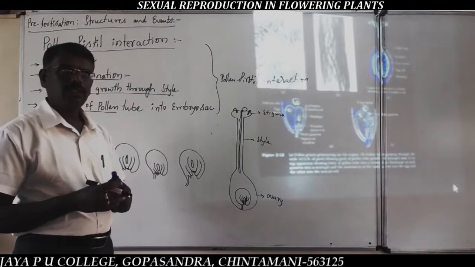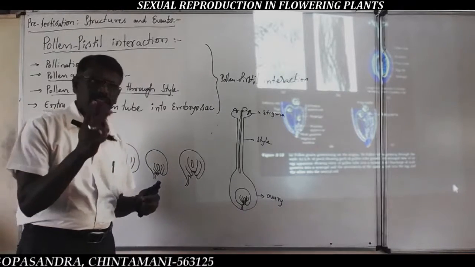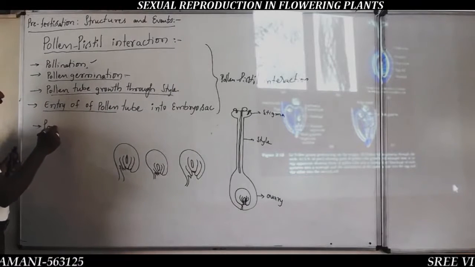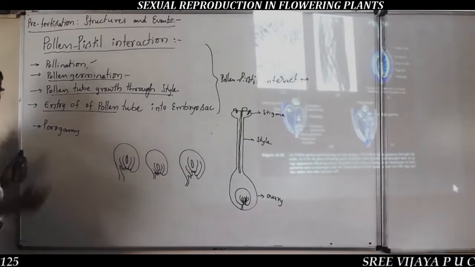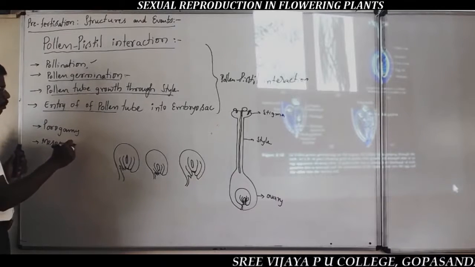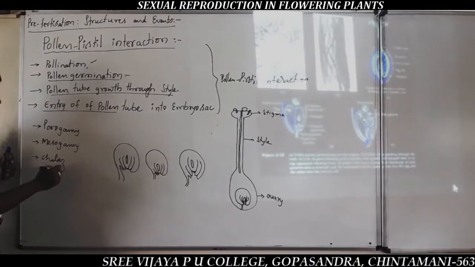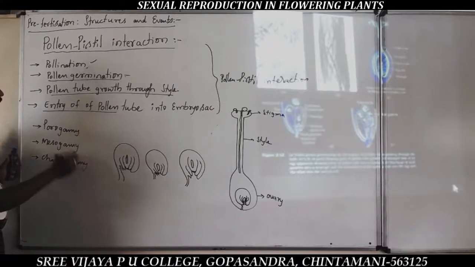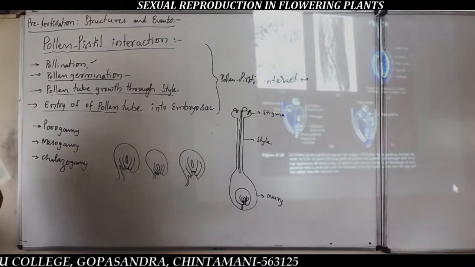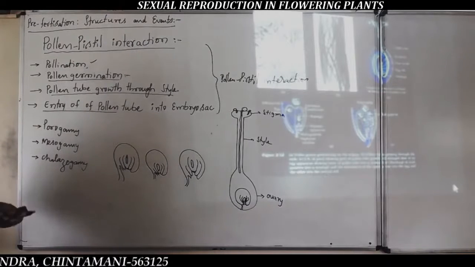According to the way the pollen tube enters the embryo sac, there are three types: porogamy, mesogamy, and chalazogamy, depending upon the entry of the pollen tube into the embryo sac.